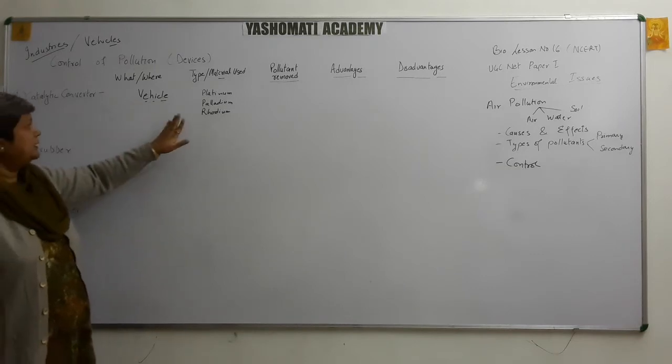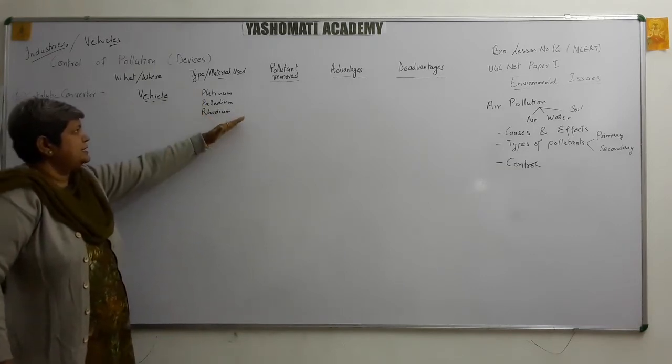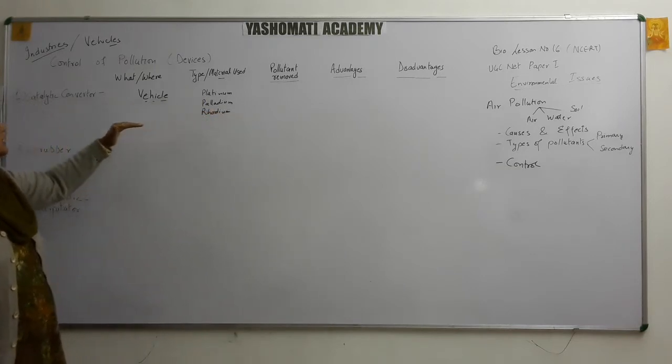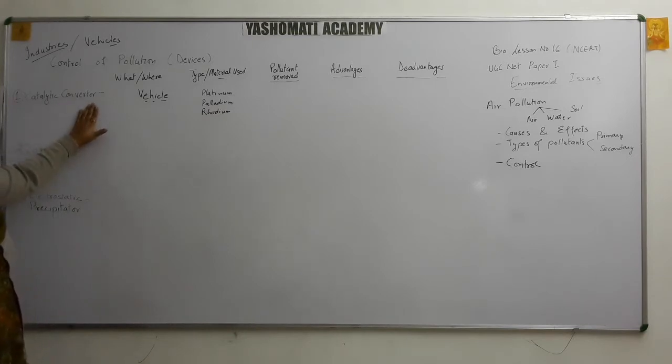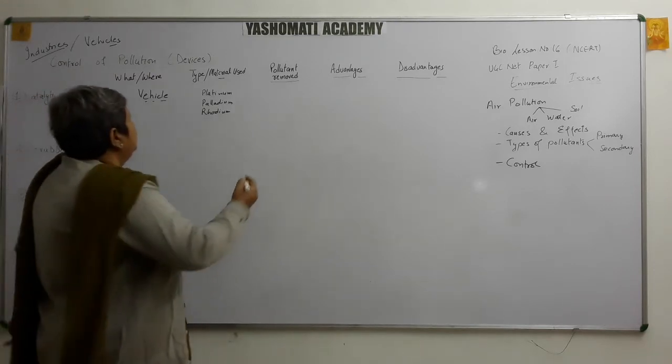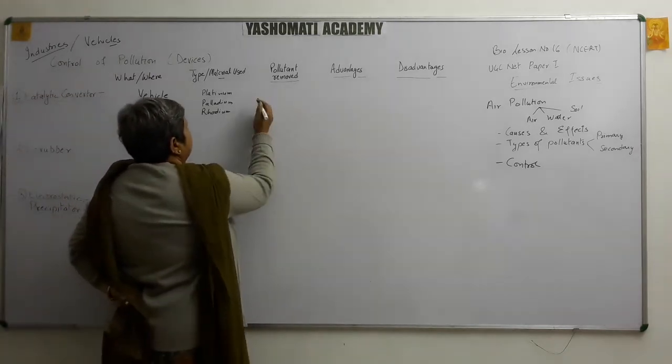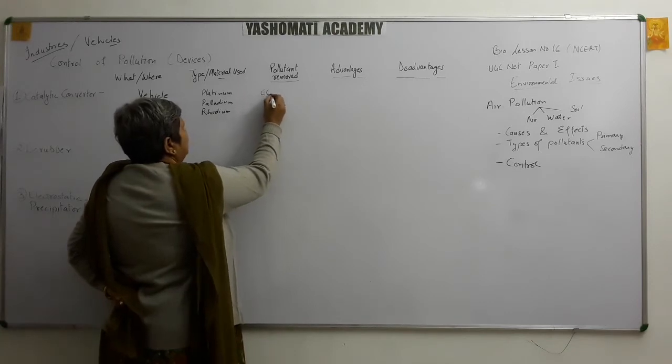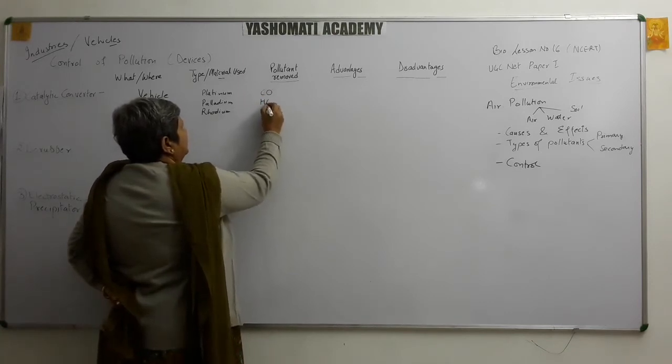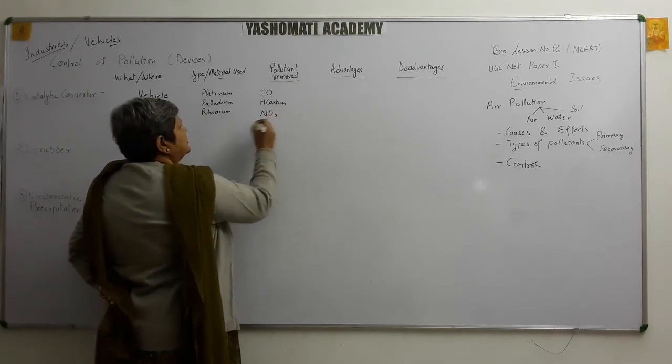So, what does it do? The method of working is that these substances convert the pollutants coming from the vehicle to some less polluting substance. What pollutants are coming from the vehicles? They are mainly carbon monoxide, hydrocarbons and nitrogen oxide.